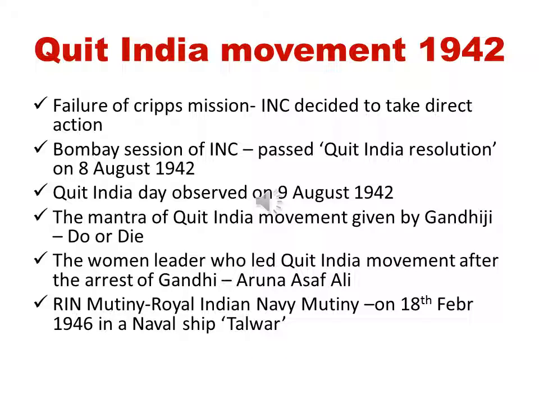And it was decided to start a non-violent mass struggle under Gandhi on the very next day, that is, on August 9, 1942. So Quit India Day is observed on 9th August. But the government reacted harshly, and Gandhi and all the top leaders were arrested in the early morning of 9 August 1942, and Congress was once again declared illegal.